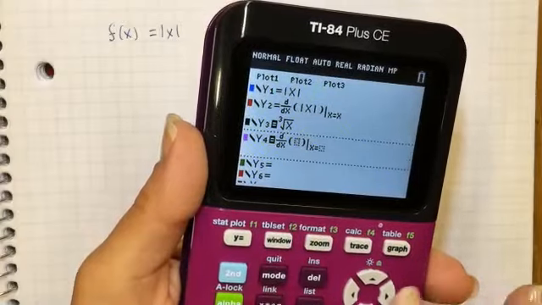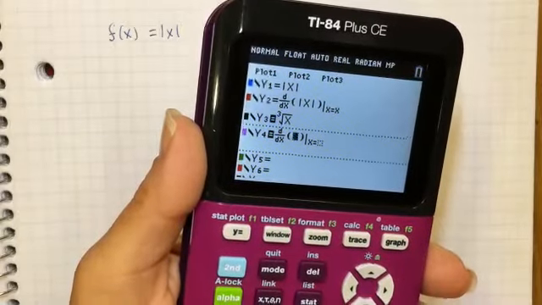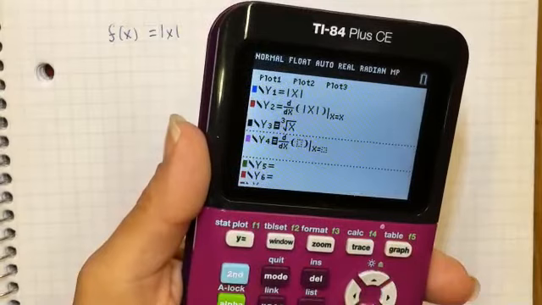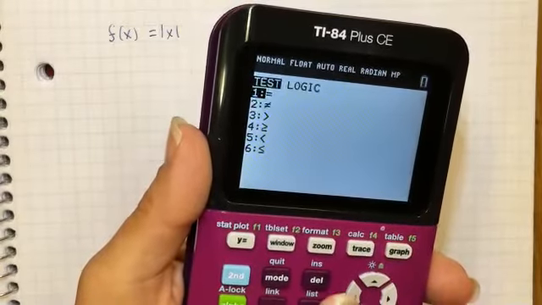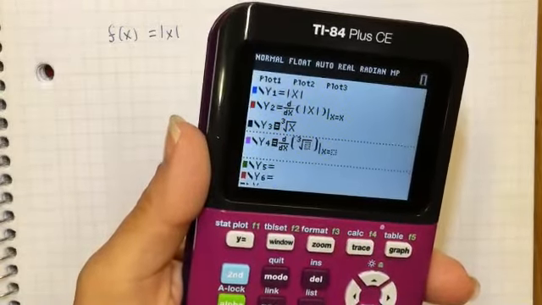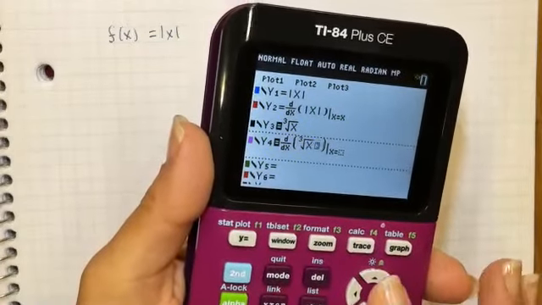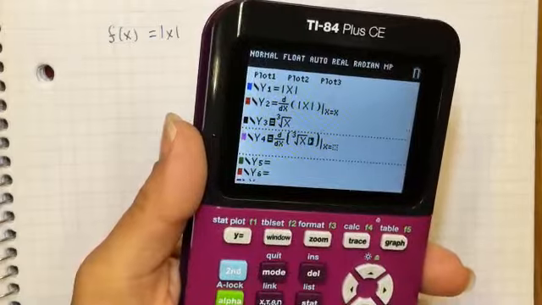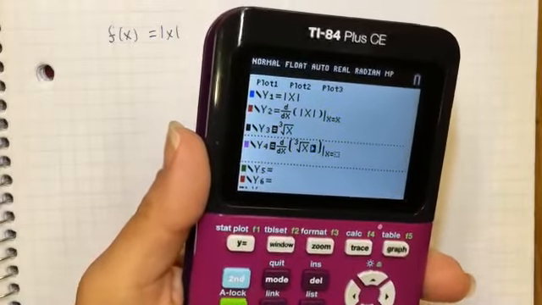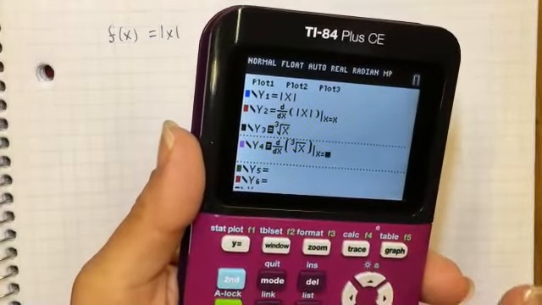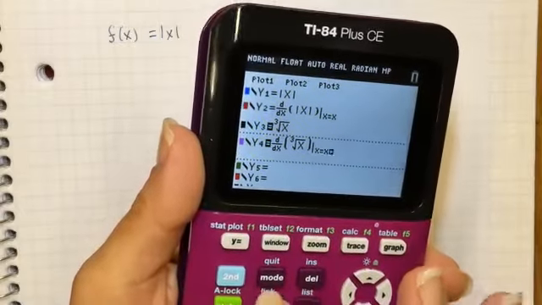I want to find the derivative with respect to x of the cube root of x. Let's try this again. Math, number 4, the cube root of x, for all values of x.